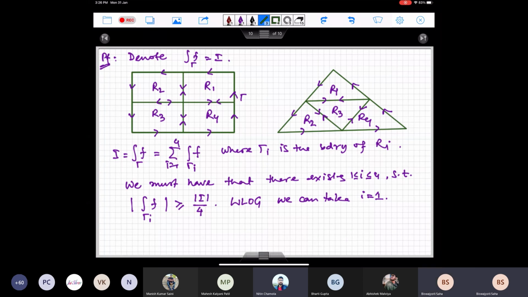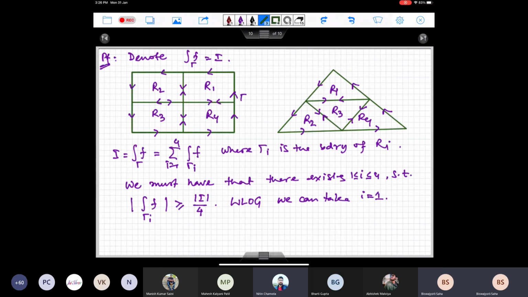So the length of gamma 1 is half of the length of gamma. And also if I think of the diameter, in the sense of the maximum possible distance between 2 points in R1, it is equal to half of the maximum possible distance between 2 points in R.